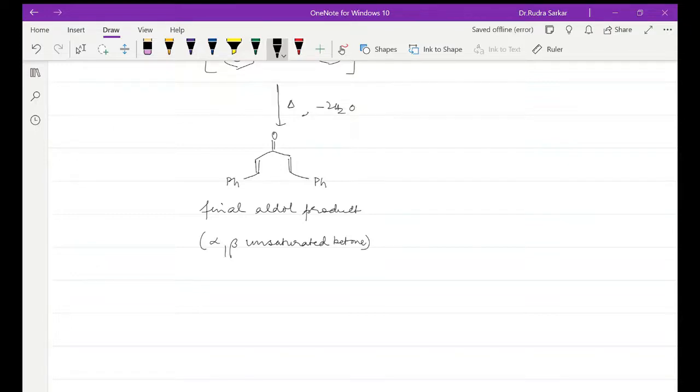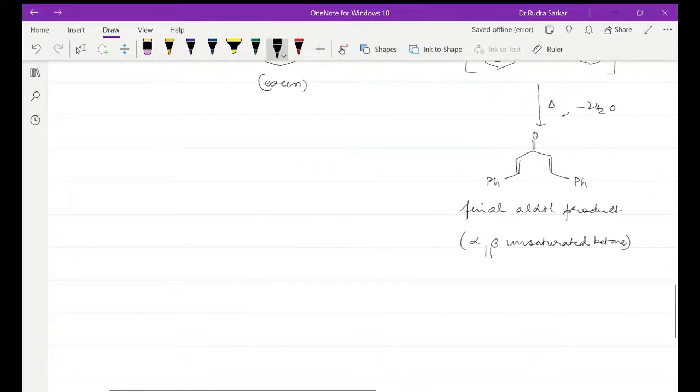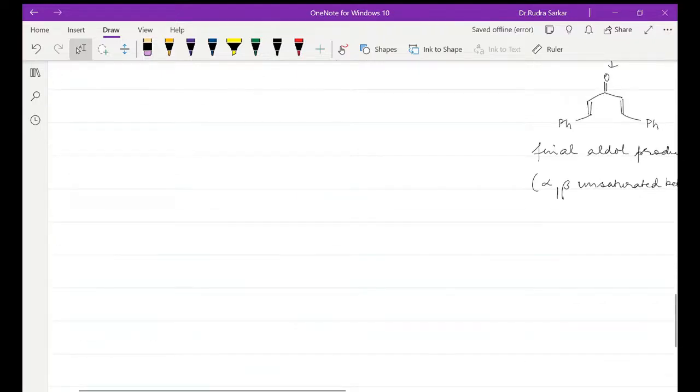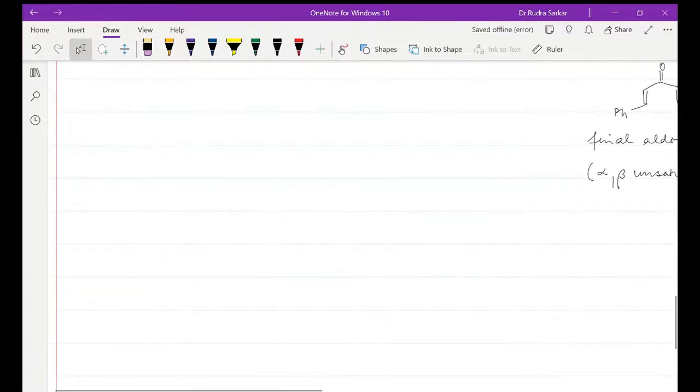So aldol reactions, one can say, also give the most stable product, since the reactions are reversible and undergo equilibration and are also controlled by thermodynamics. So in case, say, we are considering an intramolecular aldol condensation as shown below, so we have been given this type of a molecule.